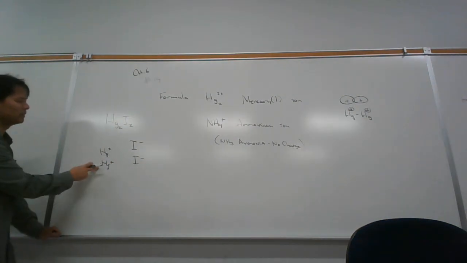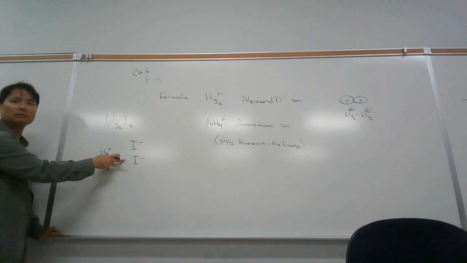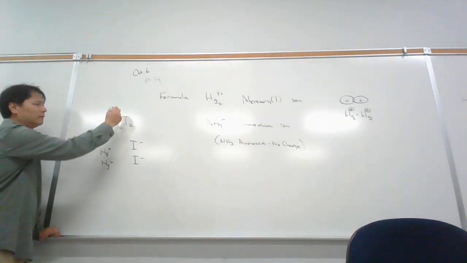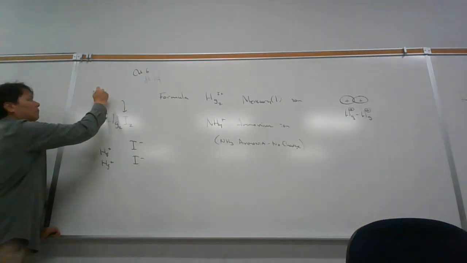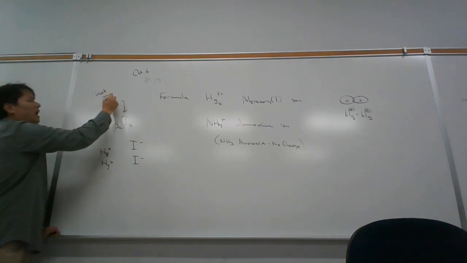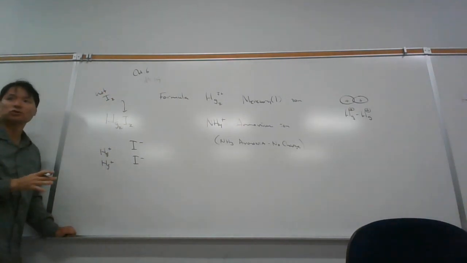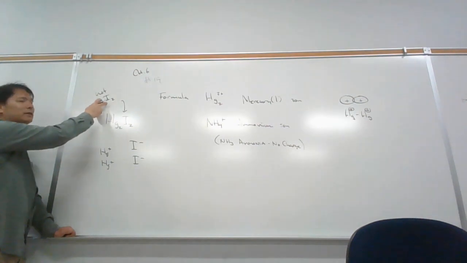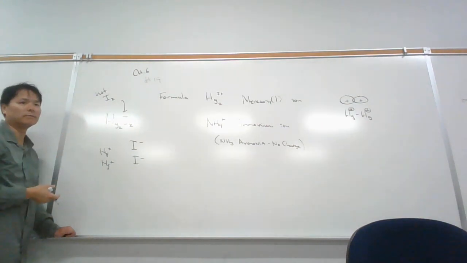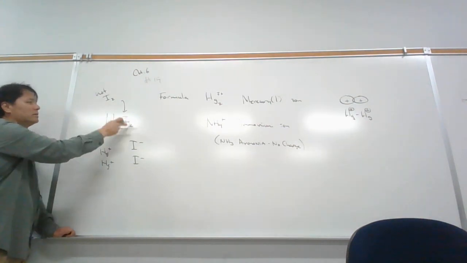But mercury doesn't like to be alone. Iodide's fine being alone. This is not iodine. Iodine is neutral, there's no charge on that, and that's what we call the element iodine. It likes to pair up and be diatomic.